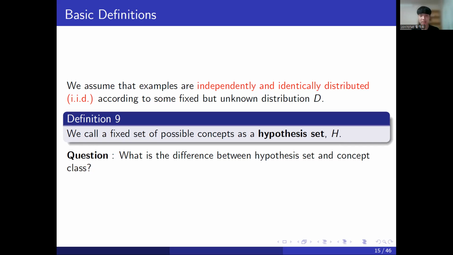The answer is that the hypothesis set is just like the definition of this word. The hypothesis set can be different from the concept class, because the concept class is the set of answers, as I mentioned, and the hypothesis set is just a set of possible concepts. That's why this is called a hypothesis set. Now you may understand the difference between the hypothesis set and the concept class.